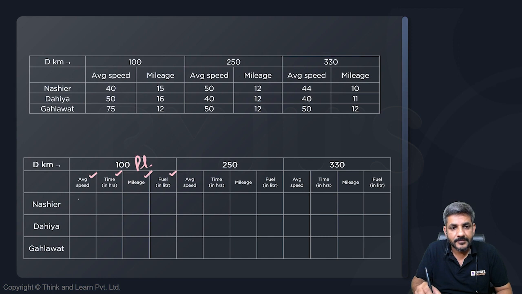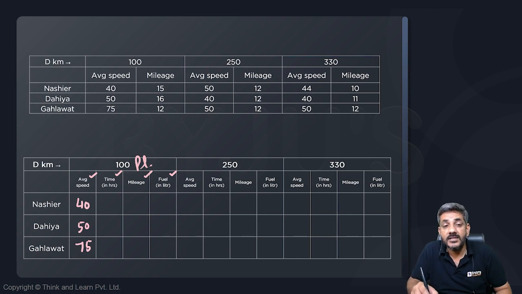First of all, here the average speed is 40, 50, and 75. If the average speed is 40 and you are traveling 100 kilometers, the time taken is 100 divided by 40, that is 5 by 2 hours. At a speed of 50, the time taken is 2 hours. At a speed of 75, it is 100 divided by 75, that is 4 by 3 hours. The mileage is given as 15, 16, and 12.